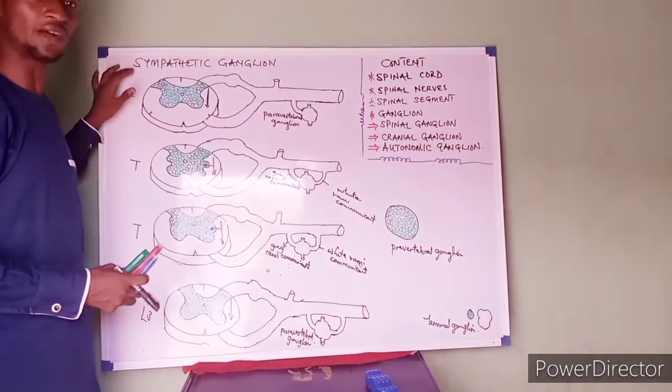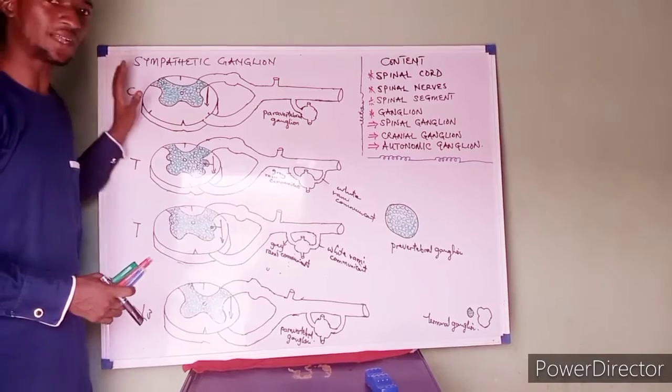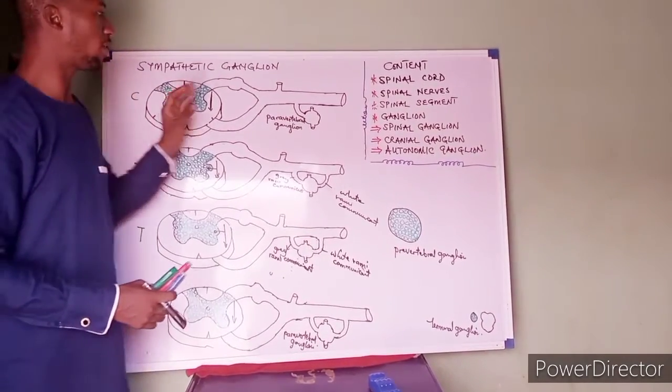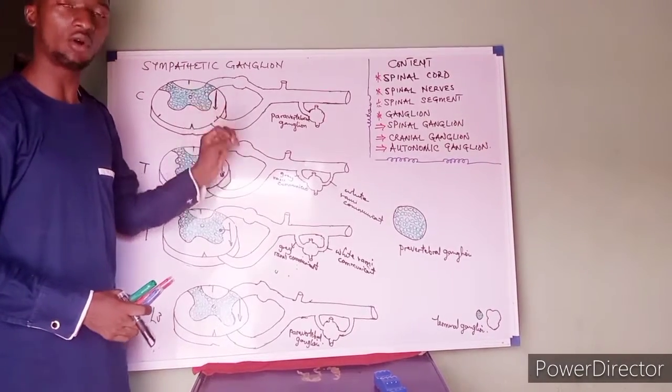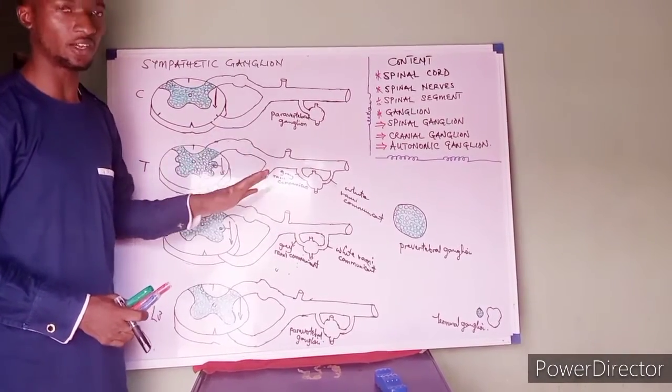Now we talk about the sympathetic ganglion: the paravertebral ganglion, the prevertebral ganglion, and the terminal ganglion.